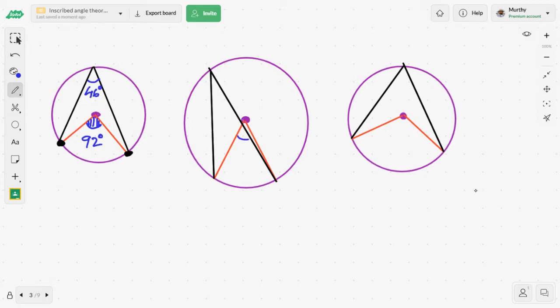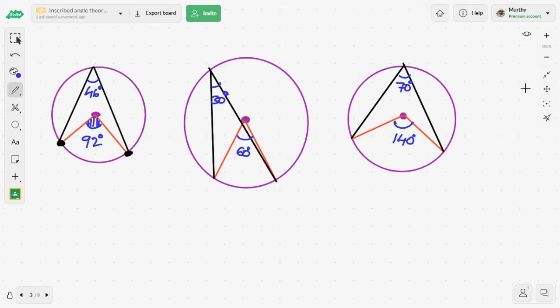The central angle in the next case I measured as 60 degrees, and the inscribed angle is 30 degrees. In the third case, the central angle is 140 degrees, and the inscribed angle is 70 degrees.